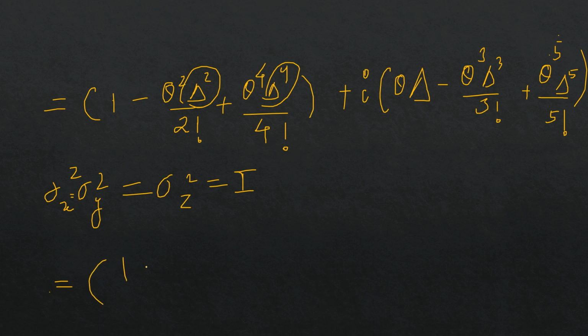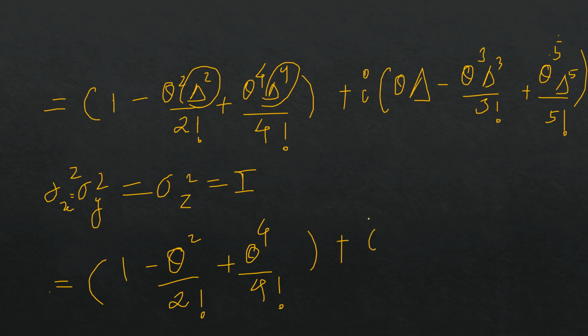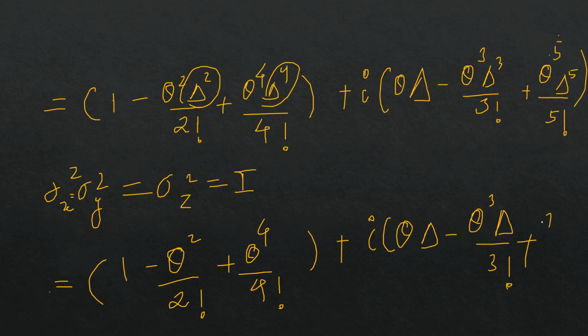So one minus theta square by 2 factorial plus theta fourth by 4 factorial, and it will go on, plus i theta delta minus theta cube delta by 3 factorial plus theta fifth delta divided by 5 factorial. Alright.